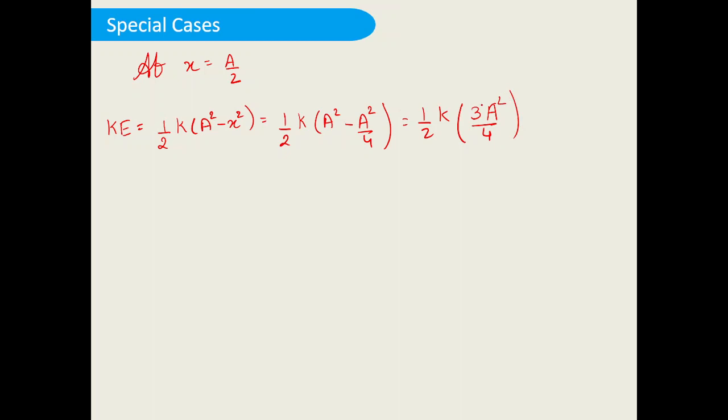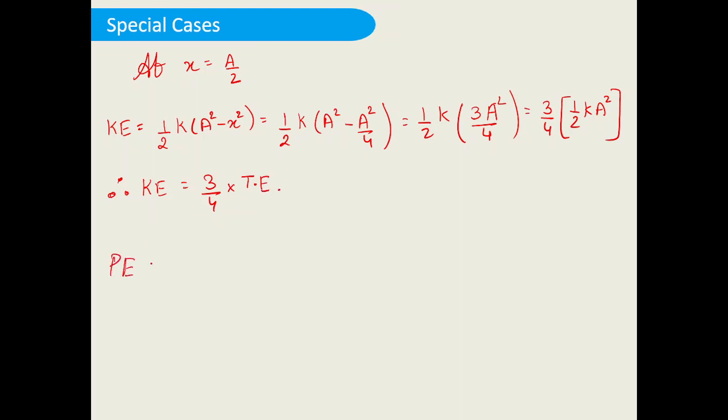So you can say it is equal to 3 by 4 into half k a square. Half k a square is nothing but total energy. So I can say therefore kinetic energy is equal to 3 by 4 into total energy at x is equal to a by 2.